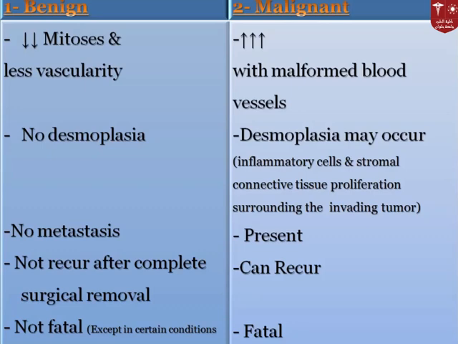Also, under the microscope, benign tumors have near normal cells in a large number, with no background reaction between the cells, no tissue reaction. While in malignant tumors, there is a tissue reaction between the malignant cells. This reaction is formed of inflammatory cells and stromal cell proliferation.